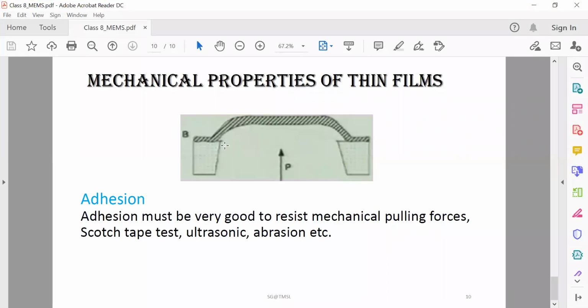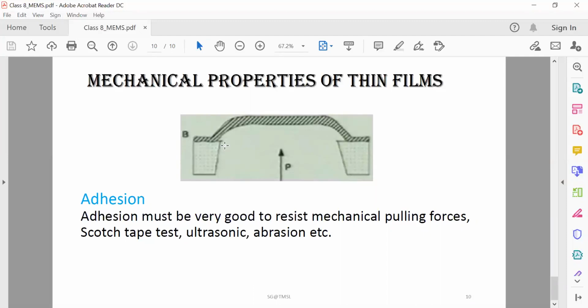So adhesion is another important property which we have to look into before finalizing a process for making films on a substrate. Different kinds of film and different kinds of substrate can be used. For example, if you want to deposit gold on silicon or silicon dioxide, it has been observed that the adhesion of the gold is not very good with the silicon or silicon dioxide.